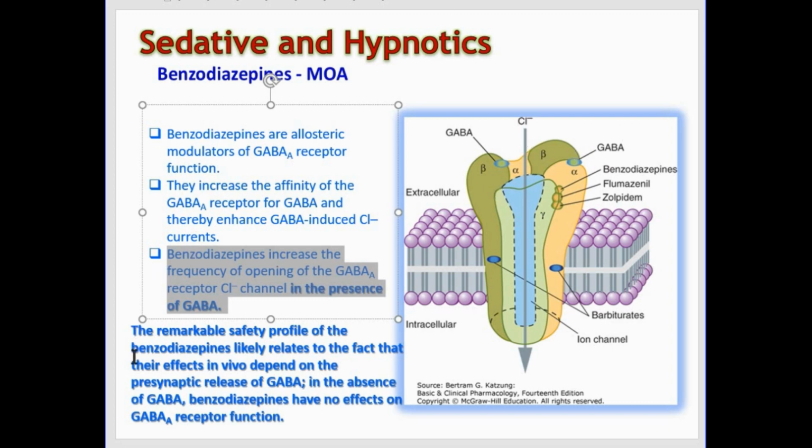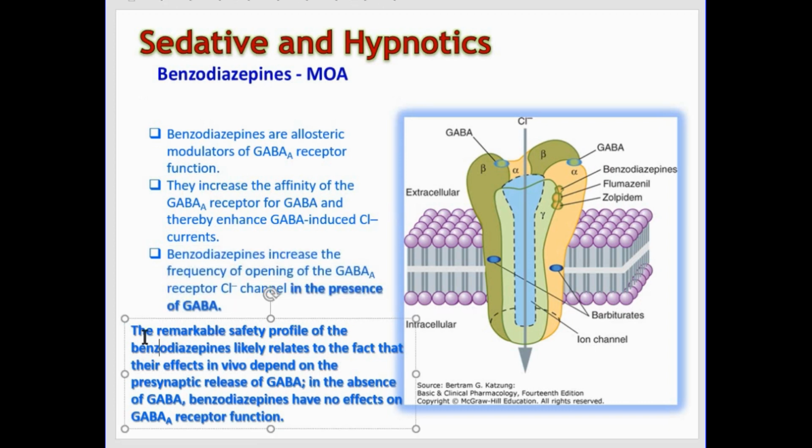That could explain the remarkable safety profile of benzodiazepines, because their effect depends on the release of GABA, and in the absence of GABA, benzodiazepines don't work.